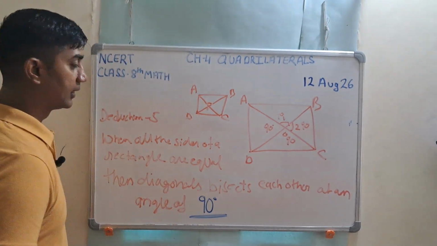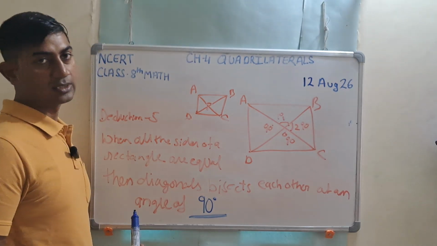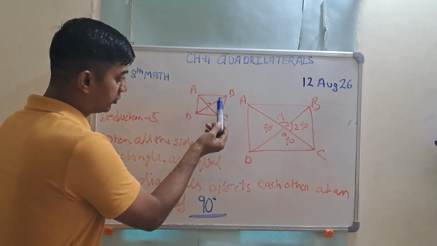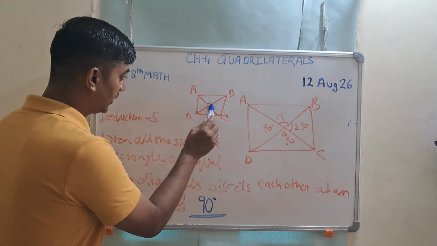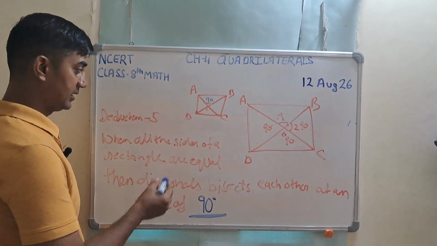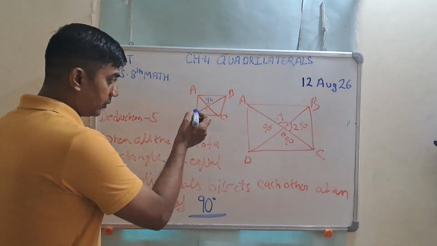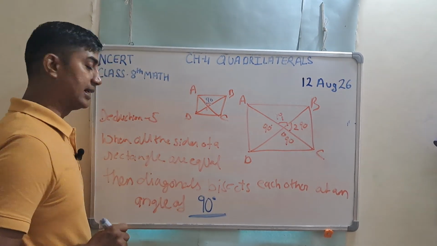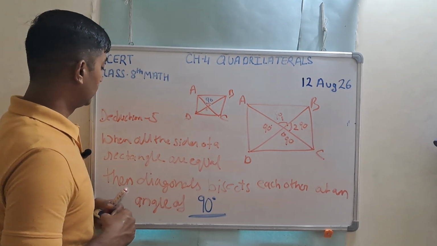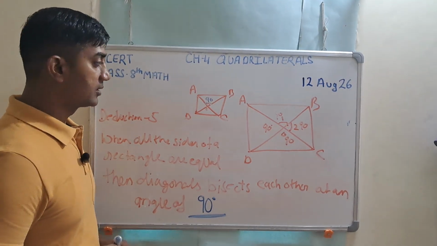Understood? This is our fifth deduction, that when a rectangle has all sides equal, in that special case, the diagonals bisect each other at an angle of 90 degrees. Always. And this is the case of the square, meaning the diagonals of the square bisect at 90 degrees. So this is our fifth deduction, and this is all for today's class.